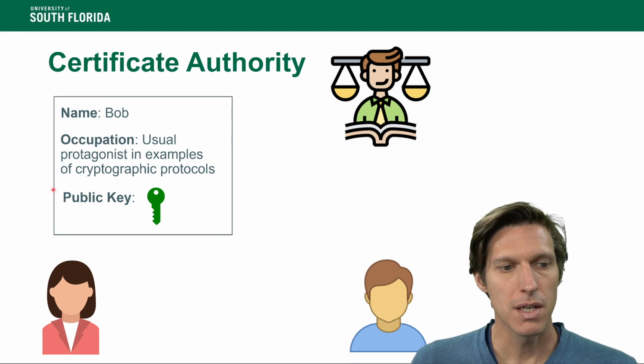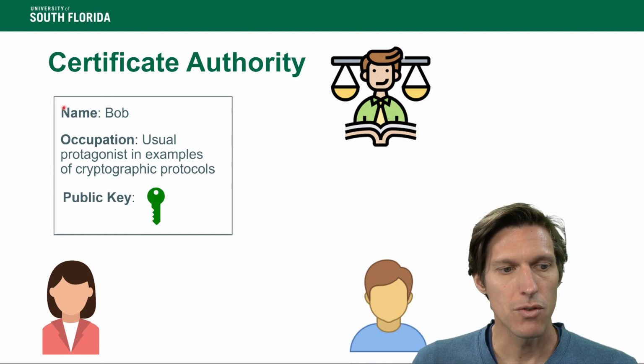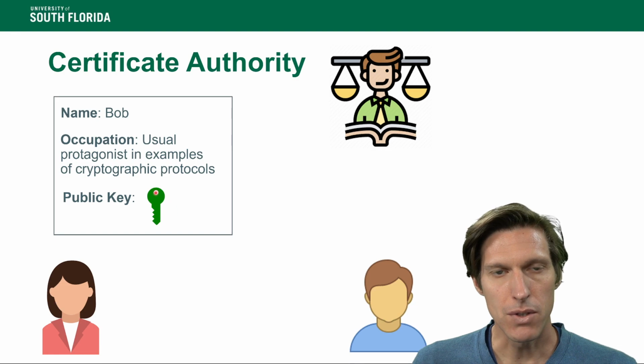Certificates have information about entities that may want to initiate communications. So for example, name and other kinds of information. And most importantly, they have the public key of these entities.